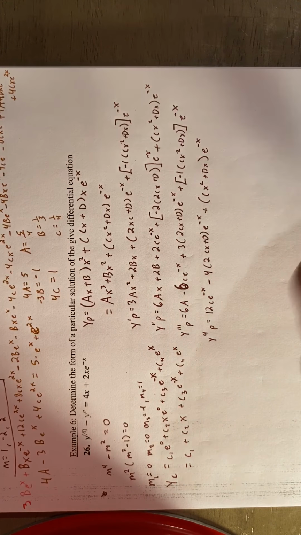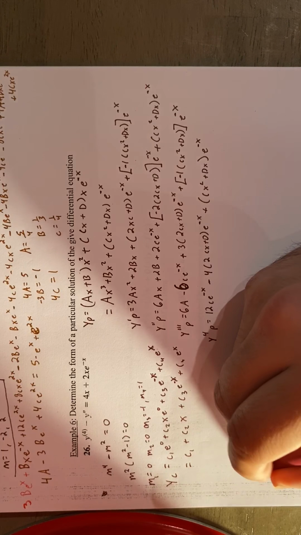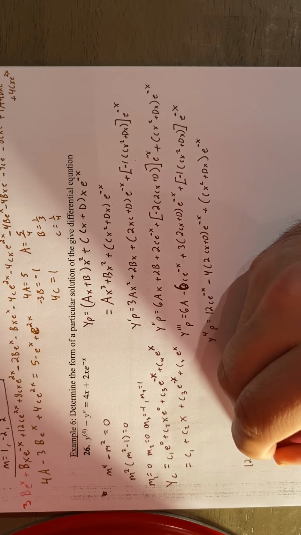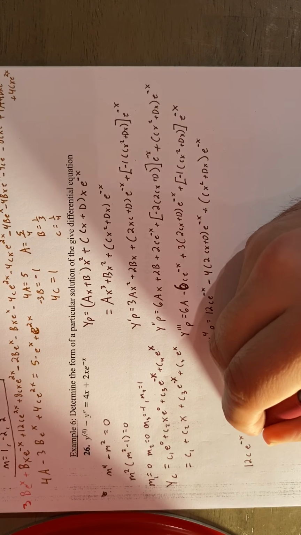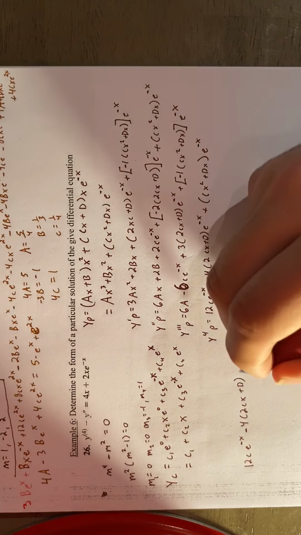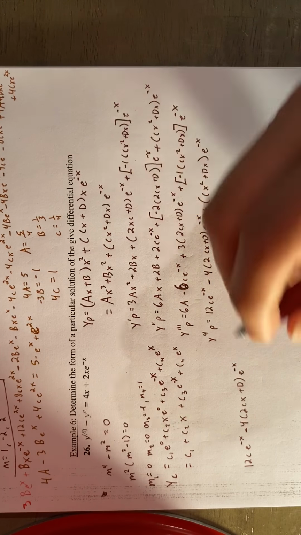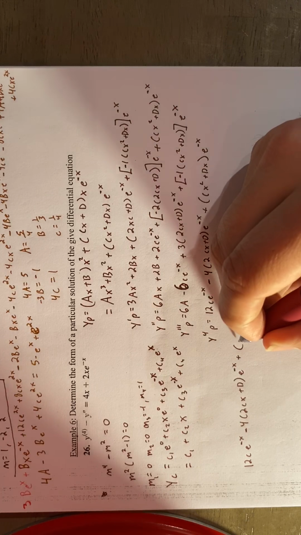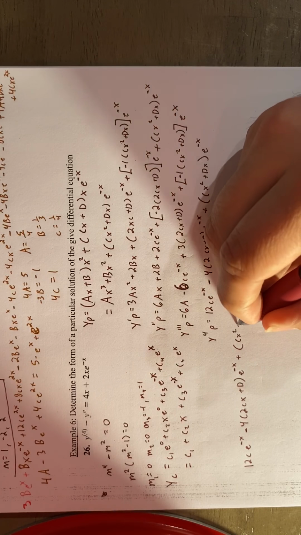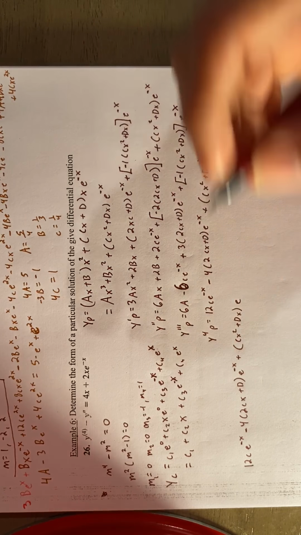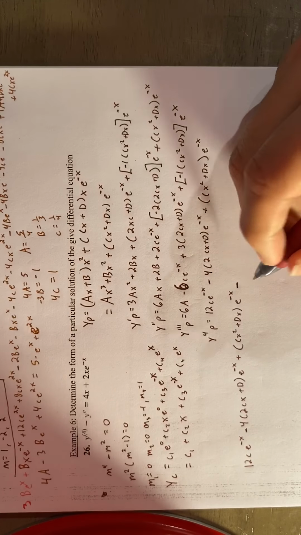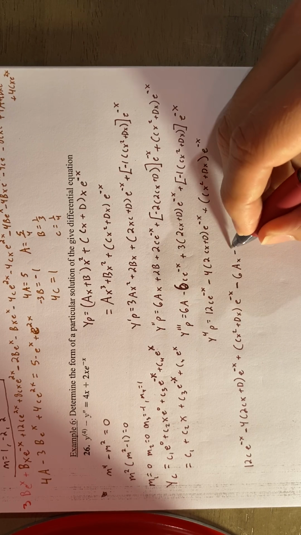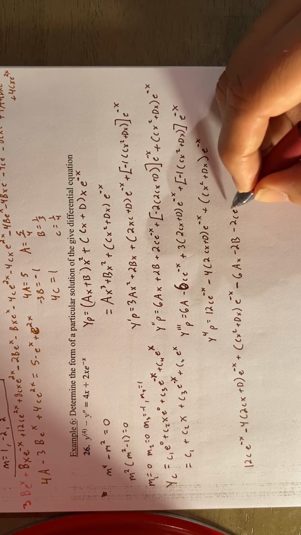So we're going to plug into y to the fourth, which is 12c e to the negative x minus 4 times 2cx plus d e to the negative x plus cx squared plus dx e to the negative x minus y double prime, which is right here, so 6ax plus 2b plus 2c e to the negative x.